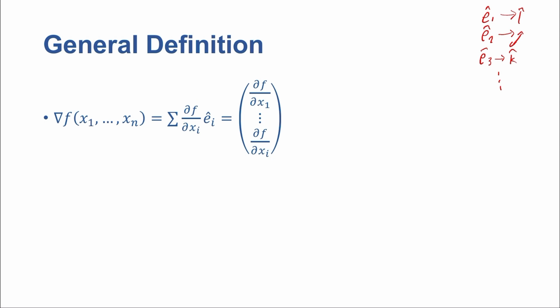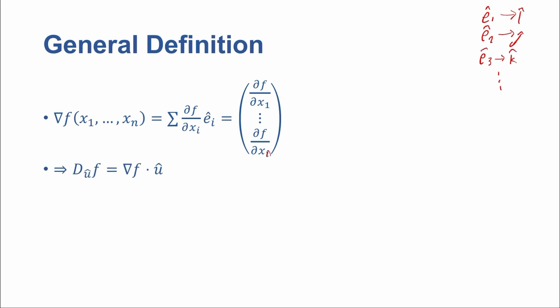We just use that e as some dummy variable for some sort of basis vector. Anyways, if I want to write that in vector form, I get partial f partial x1 all the way up to partial f partial xn.